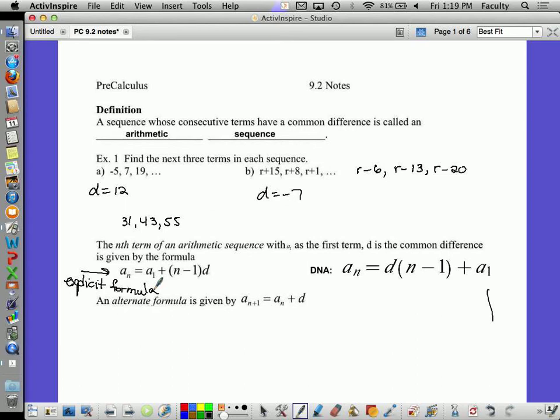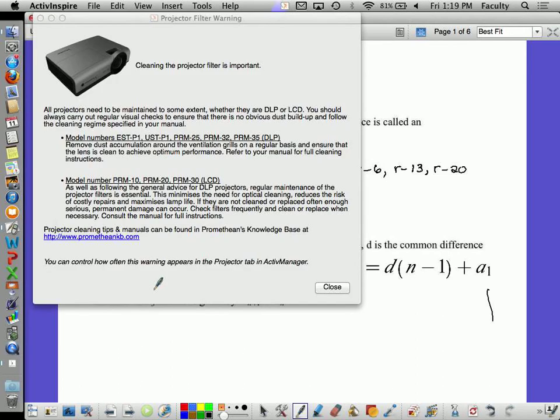This alternate formula is based on the recursive formula, that I need to know the previous one. So if I know the 8th term and I know the common difference, I can find the 9th term. But if I'm at the first term and I know the common difference, using this I'd have to keep adding and adding and adding and adding. And that's a pain if you're going out to like 20 terms or more.